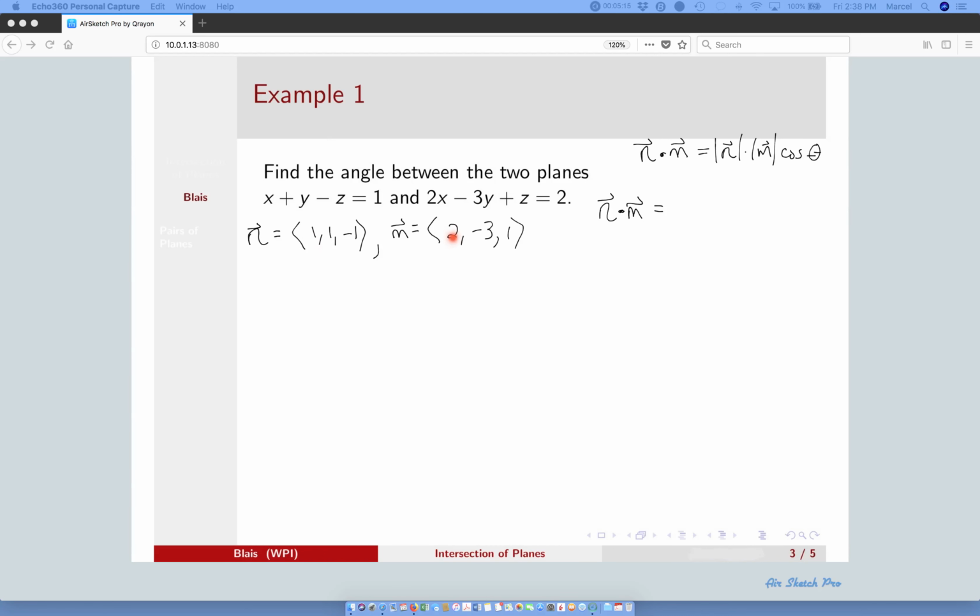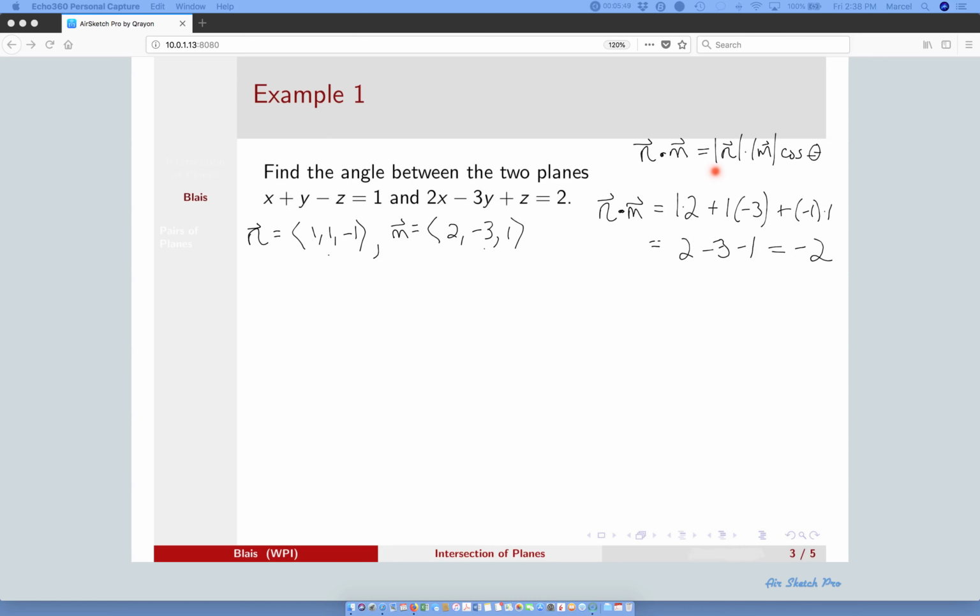So 1 times 2 plus 1 times minus 3 plus minus 1 times 1. Which is 2 minus 3 minus 1, or minus 2.